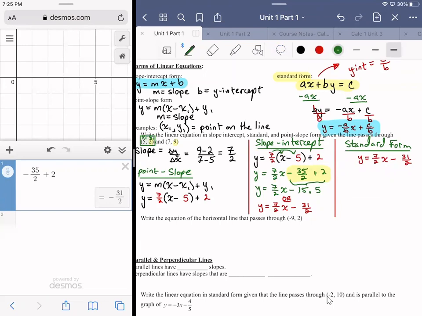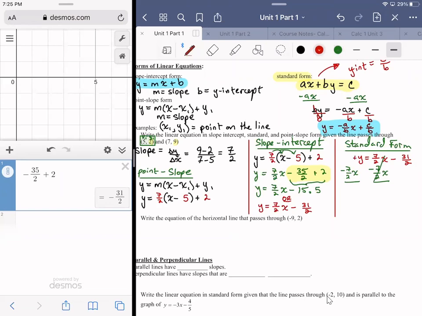Now, because this is the negative 31/2, actually, I want to move the x. So let me not make this overly complicated. Because this is a positive 7/2, let me subtract off a 7/2x. That y is assumed to be a positive y.